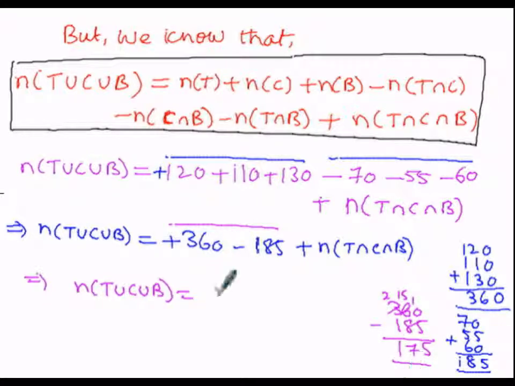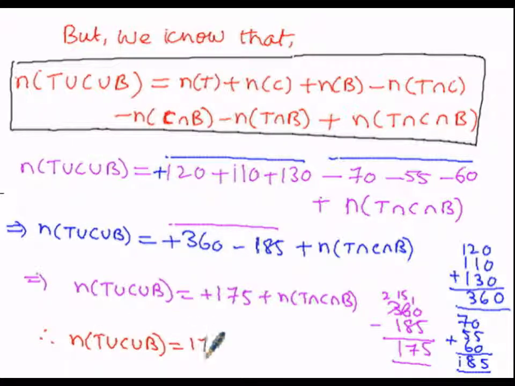So we get 175, and since 360 is greater than 185 and positive, 175 takes a positive sign, plus n of T intersection C intersection B. Therefore n of T union C union B is equal to 175 plus n of T intersection C intersection B.